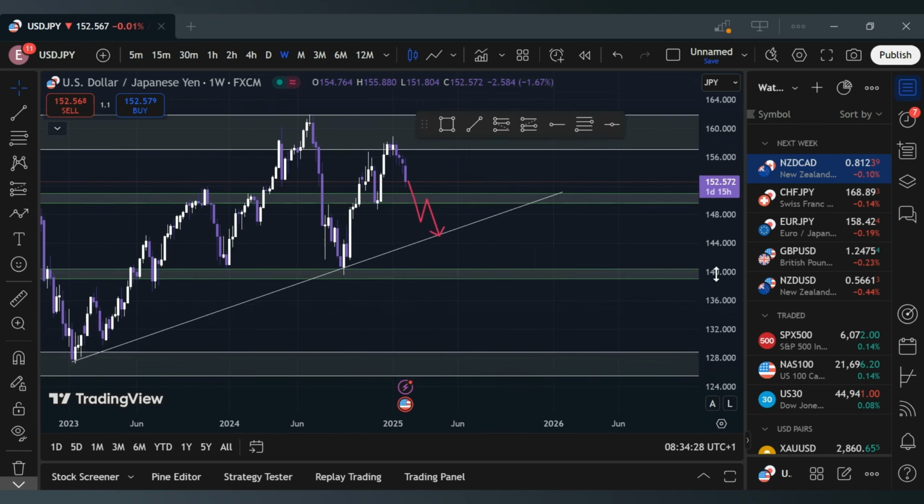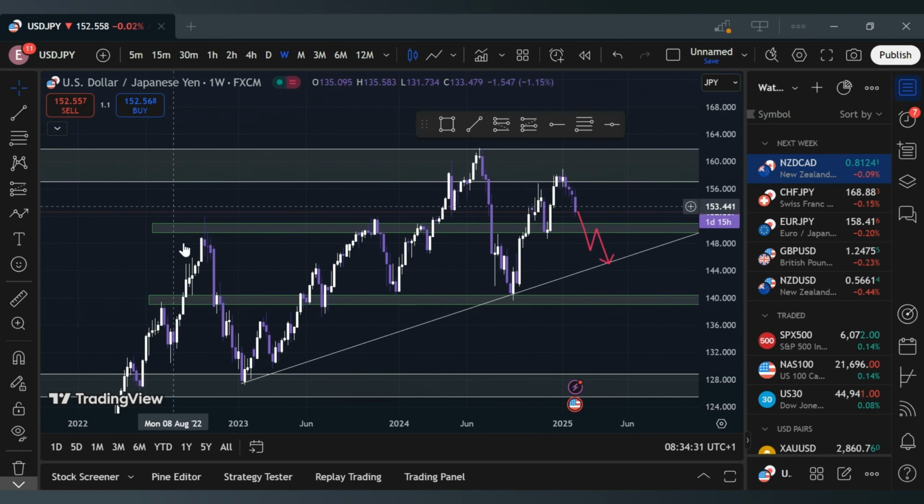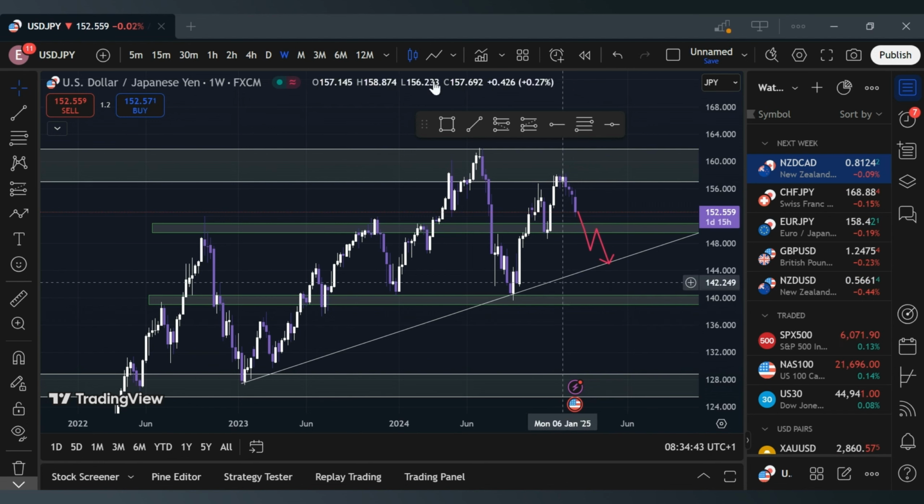downside, which means a break of this trend structure, which is higher highs, higher lows, higher highs, higher lows. Then we had a rejection of here, which is going to indicate a pullback down to this point.